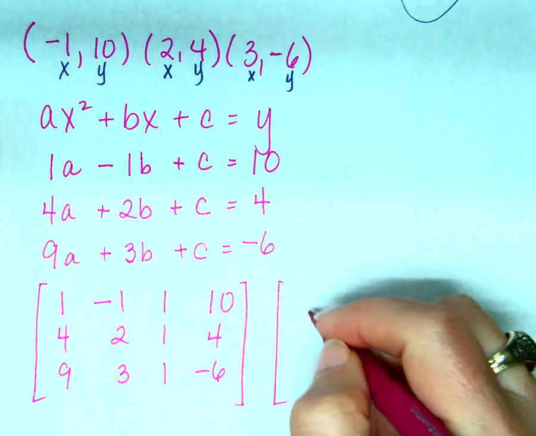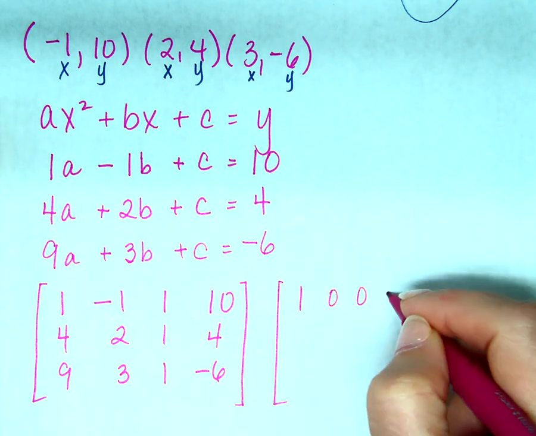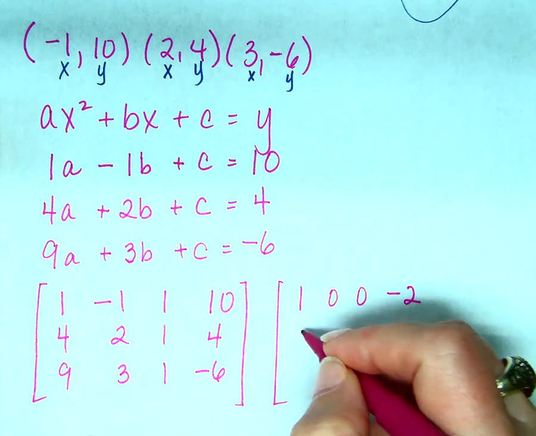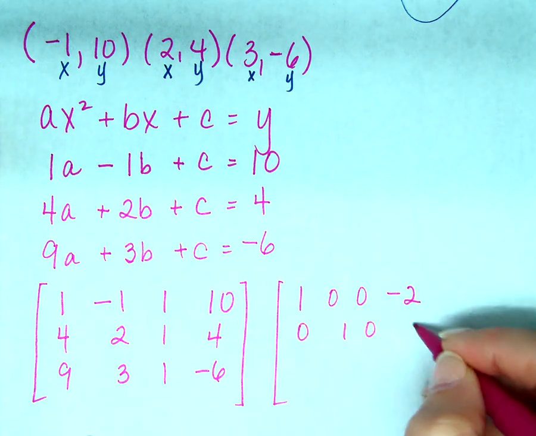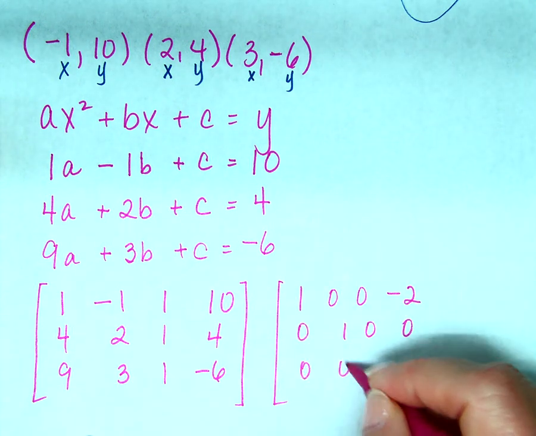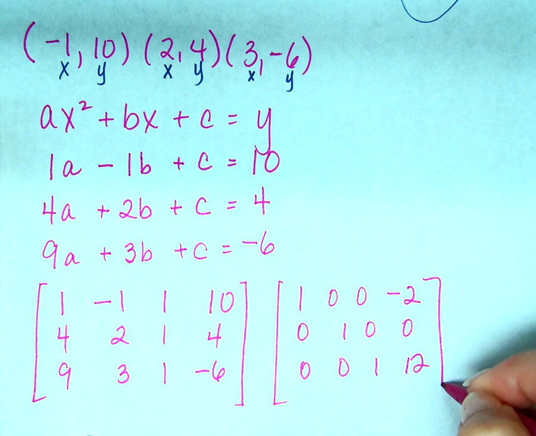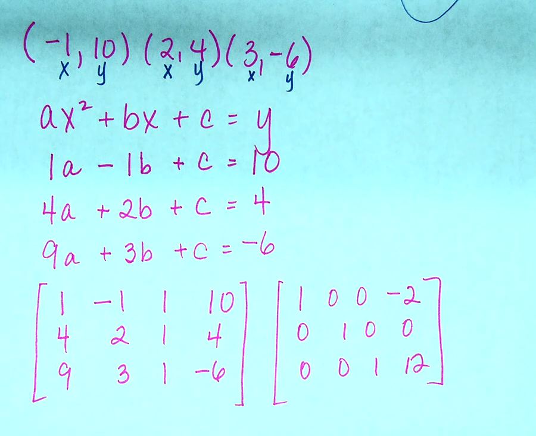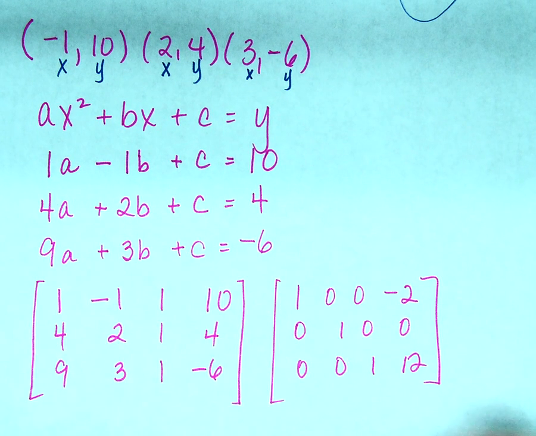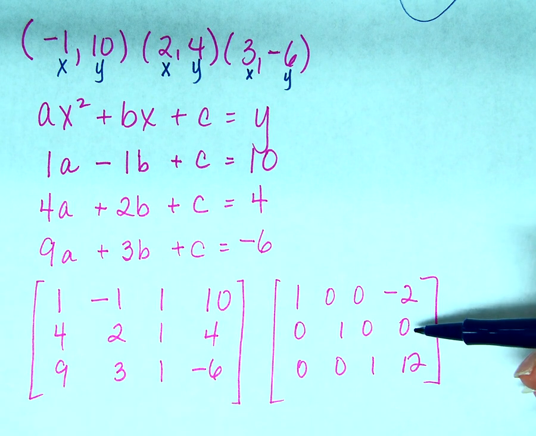Mine says 1, 0, 0, -2, 0, 1, 0, 0, 0, 0, 1, 12. Is this okay? I got a 0 here. Is that all right?